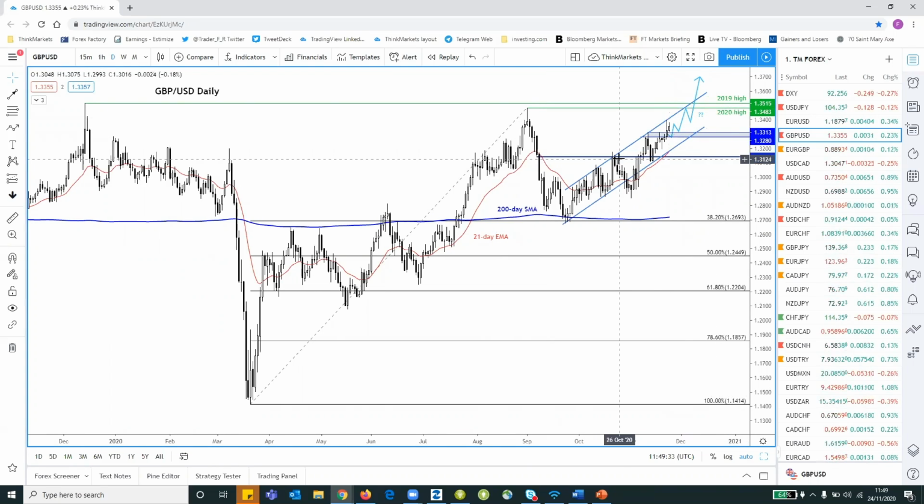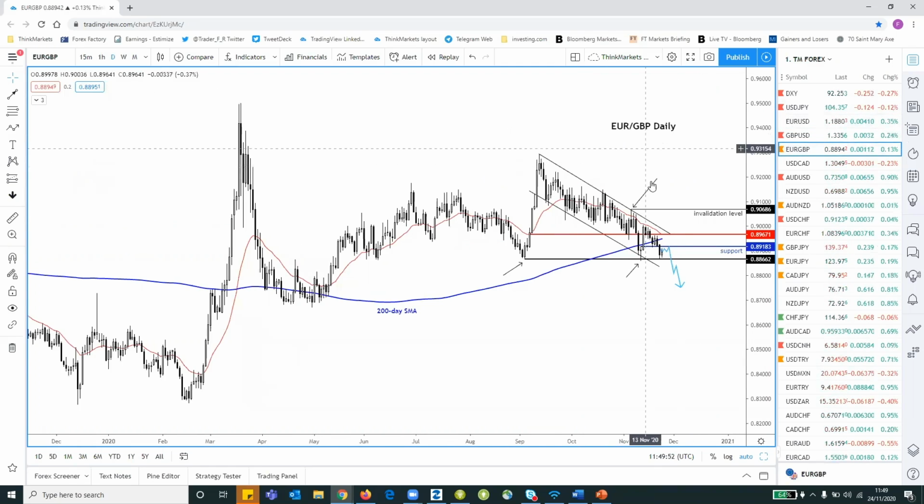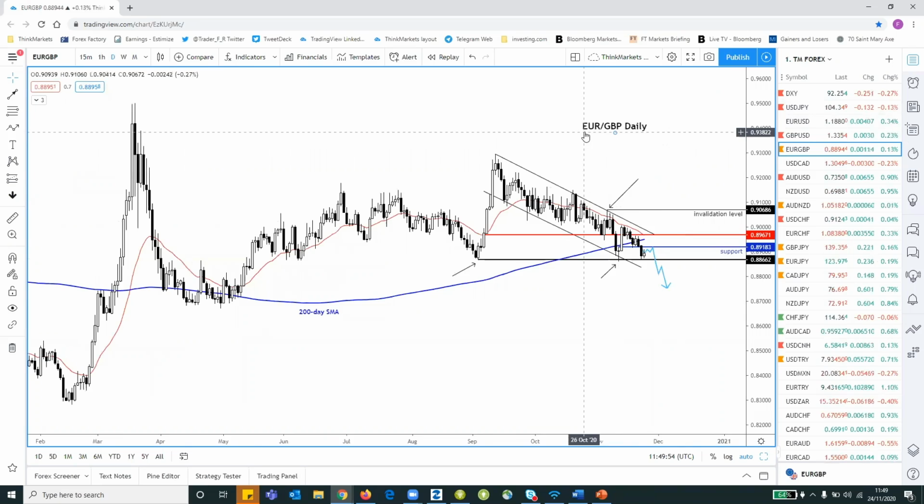Now, as well as obviously vaccines and whatnot, in the UK, people are growing optimistic that the government is going to strike a deal with the EU on Brexit, and that's what's keeping the pound supported, which is why the pound is doing relatively better compared to the euro.